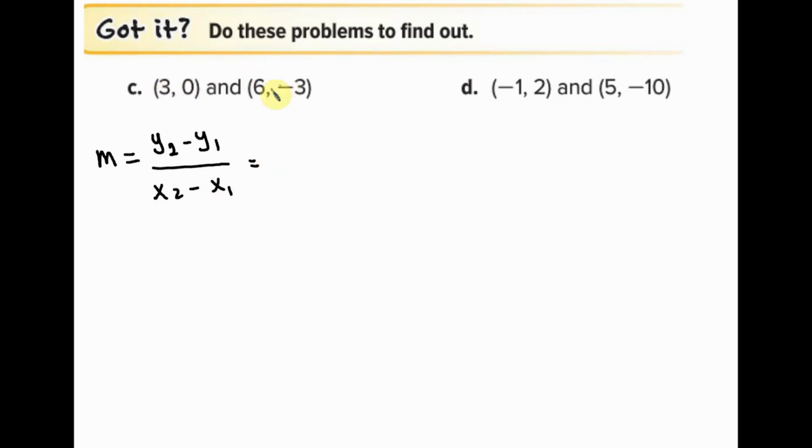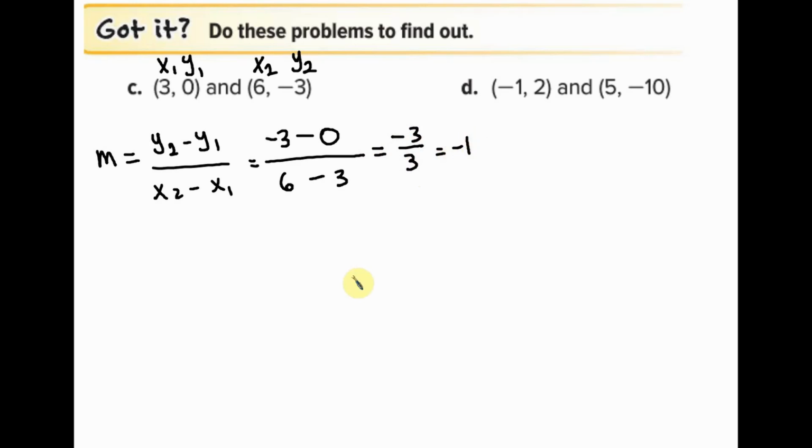If you name them, this is going to be your x1, y1. This is your x2, y2. y2 is negative 3 minus y1 is 0 over x2 is 6 minus x1 is 3. If you simplify this, you will get negative 3 over 3, which will be equal to negative 1.